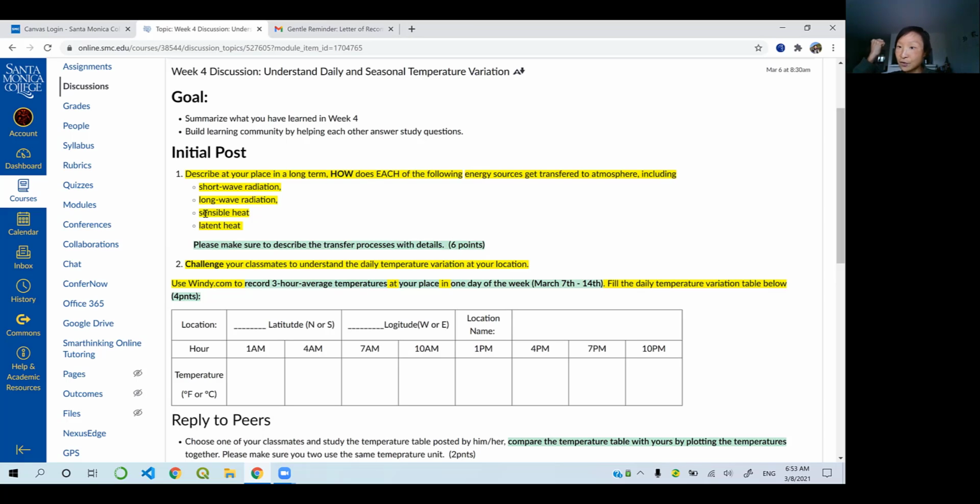For example, if you have a hot object, like your coffee or something, the water molecules move faster. So when you put a thermometer in your coffee, this hot object, the temperature is high.